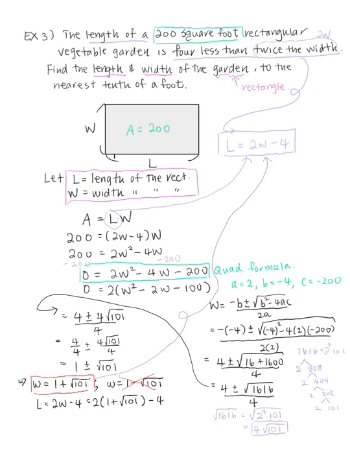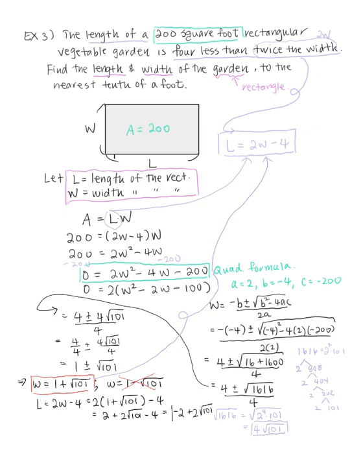I know it looks gross, but we got this. So here we're going to get 2 plus 2 root 101 minus 4. We can combine 2 minus 4 to get minus 2 plus 2 square root of 101.